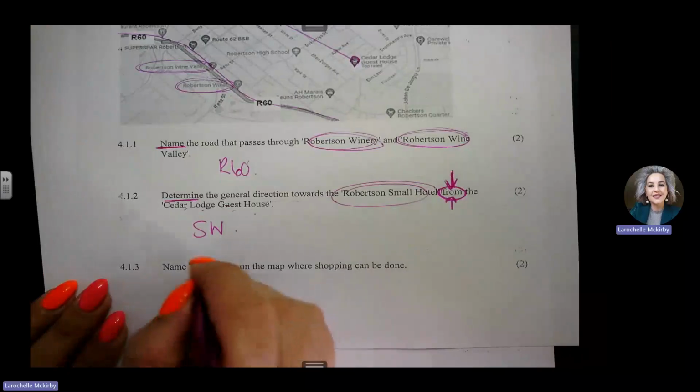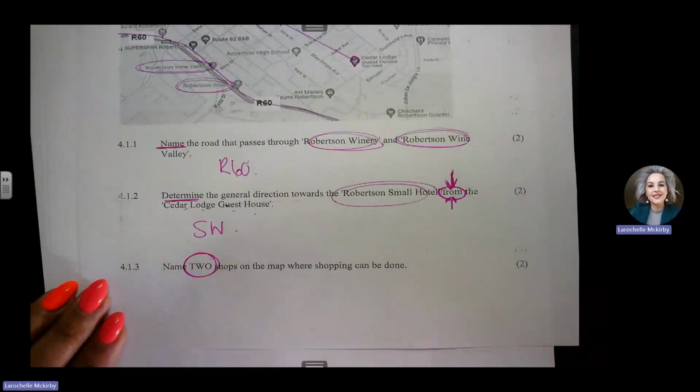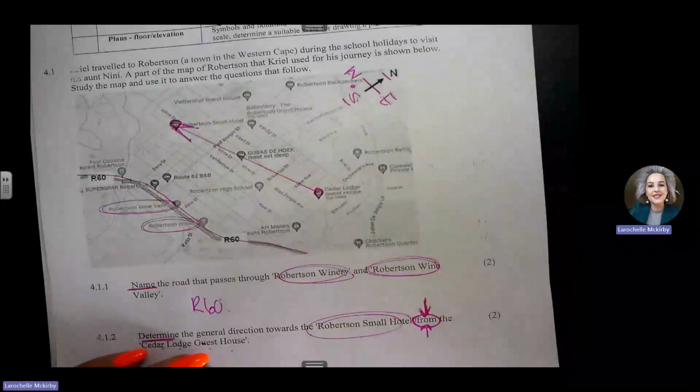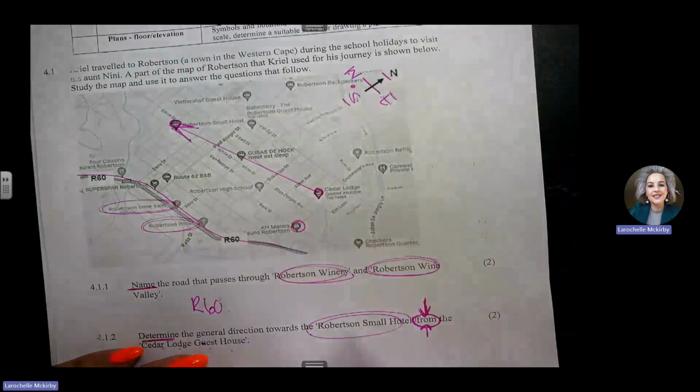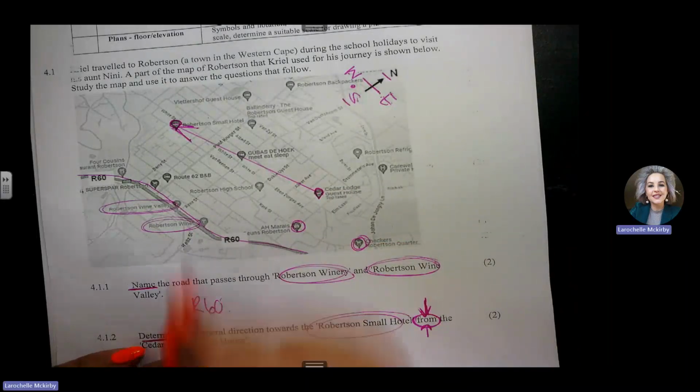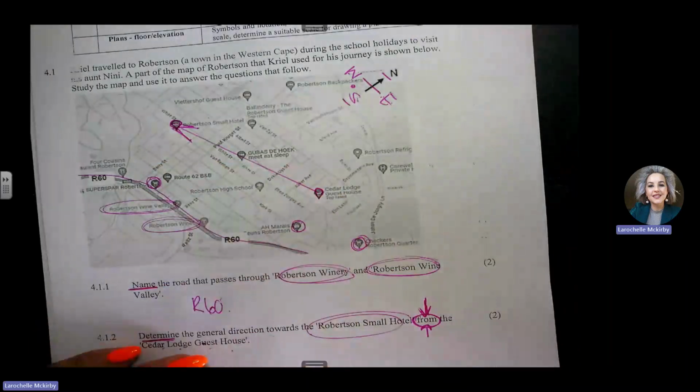4.1.3. Name 2 shops on the map where shopping can be done. Okay, now we are looking at some shopping. So I see there is a shopping bag, there is a shopping trolley, there is another shopping trolley.